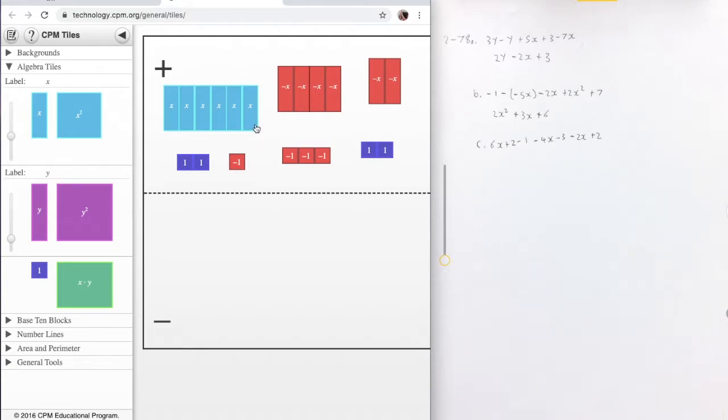So everything's already in the positive area. So the best thing to do here is just start making zeros or combining like terms. So we have a 1 and a negative 1. We have another 1 and a negative 1 here. Looks like we have another couple 1 and negative 1 pairs. So we can make quite a few zeros here.